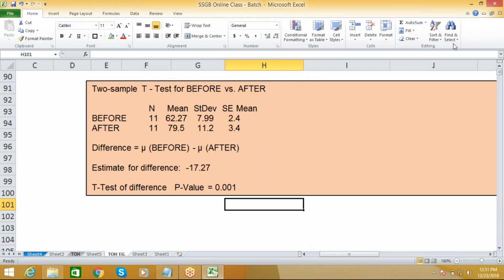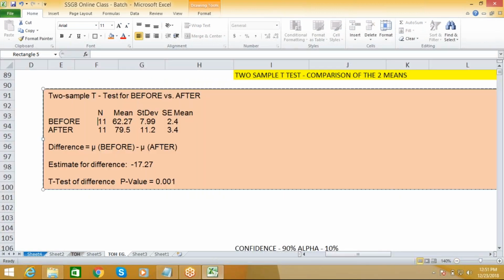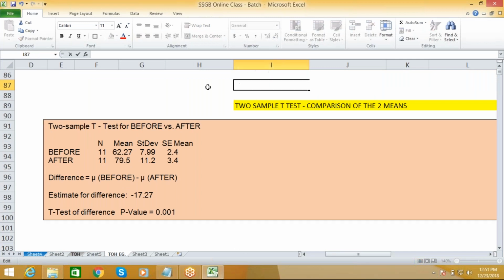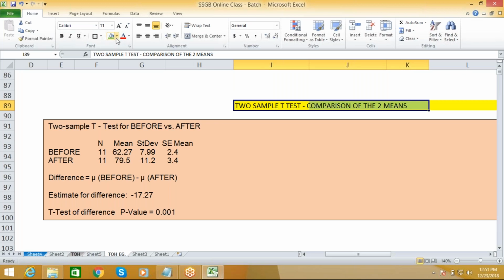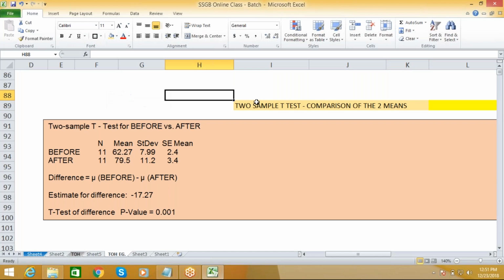Now let's quickly look at these results. This is from Minitab, guys. I've pasted the result. It is comparing before the project and after the project. So what do you think N is over here? Yes, N is nothing but the sample size.